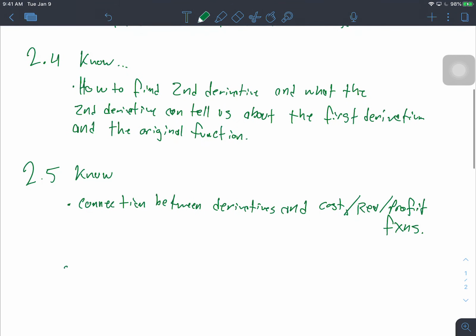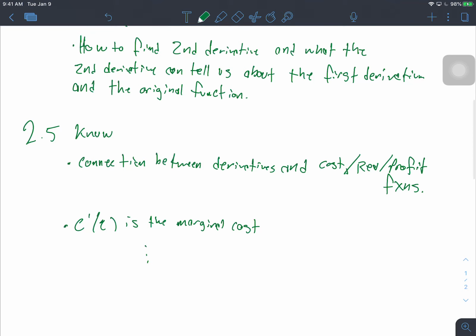Namely, C prime of Q is the marginal cost, meaning R prime of Q is the marginal revenue, and pi prime of Q is the marginal profit.